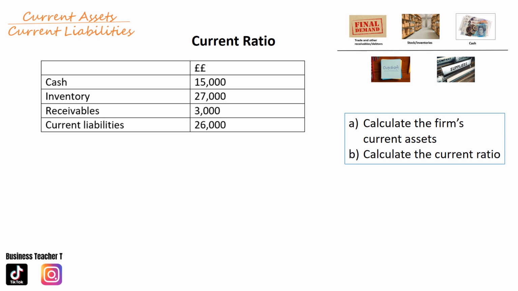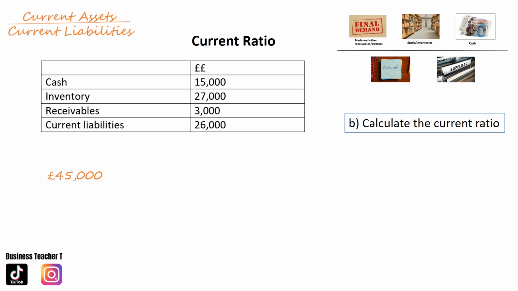If we look at the figures in the table, the current assets are cash, £15,000, and inventory, also known as stock, £27,000, and the trade receivables, £3,000. If we add that all up, the answer is £45,000. So we have £45,000 worth of current assets.